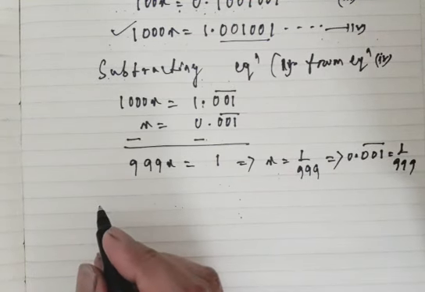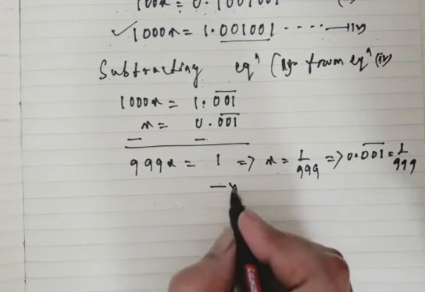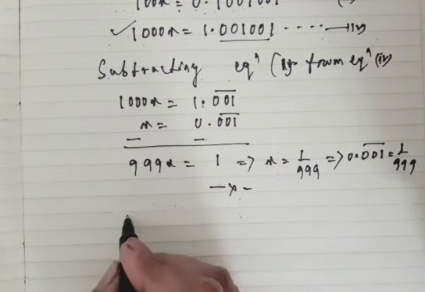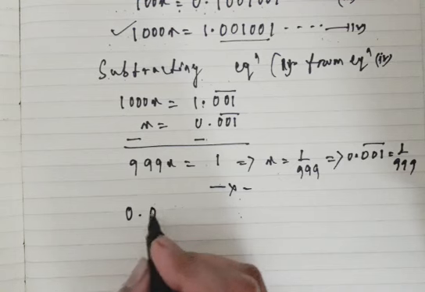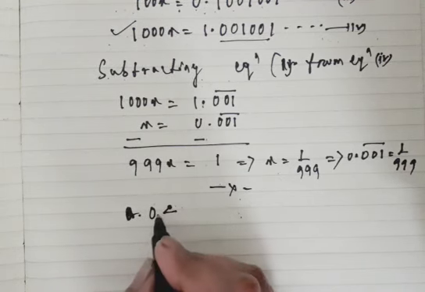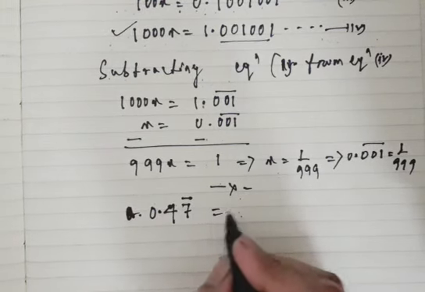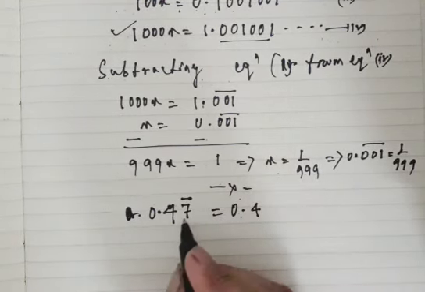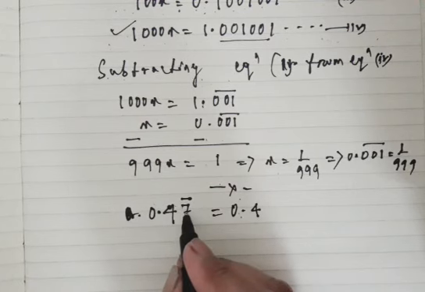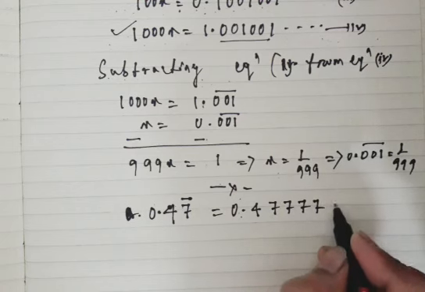Now I am showing another example that is also from your book. The decimal number given is 0.47 bar. That means 0.4, and since the bar is above the 7, only 7 has to be repeated like this.